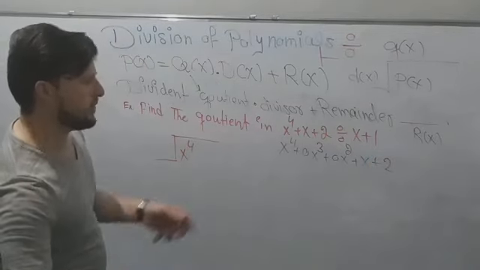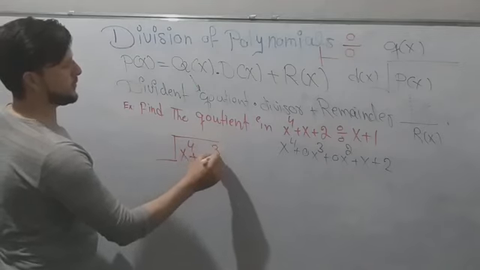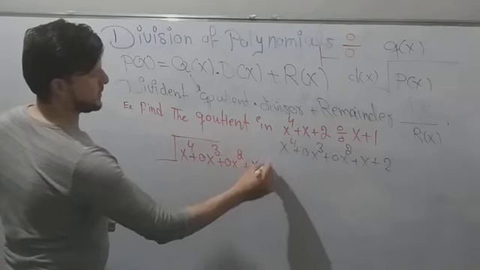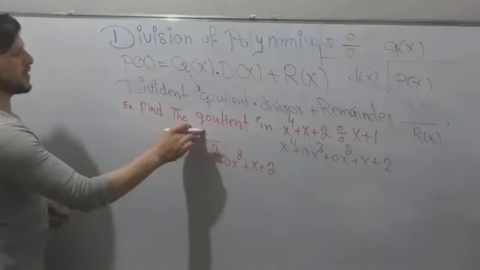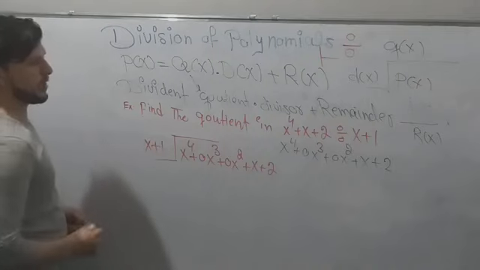So this is the complete form of the polynomial. And now what will be the quotient of this polynomial if you divide it by x plus 1?